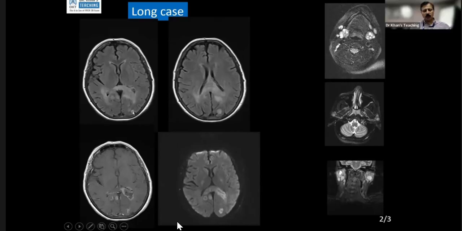So what will be your unifying diagnosis on this one? PML? Hint: the corpus callosum is involved. Then it can be a lymphoma. Okay, I'll take over. Well done.